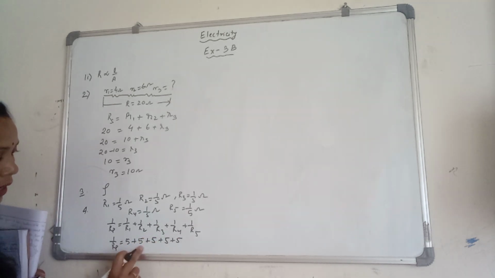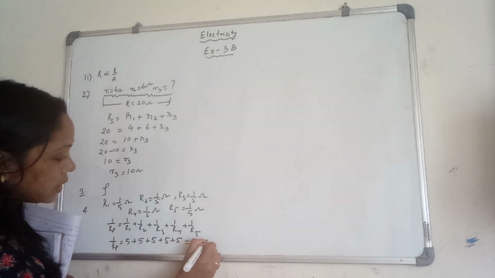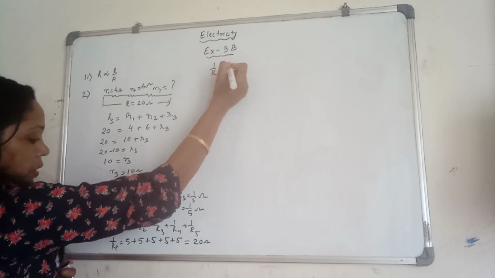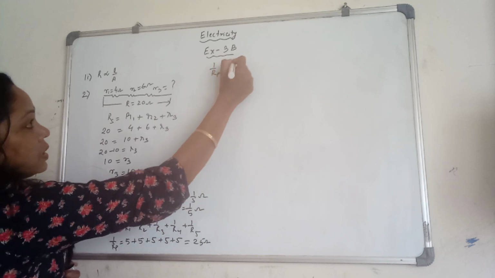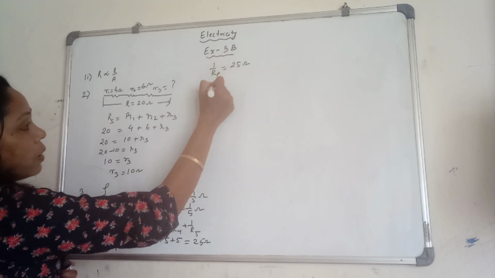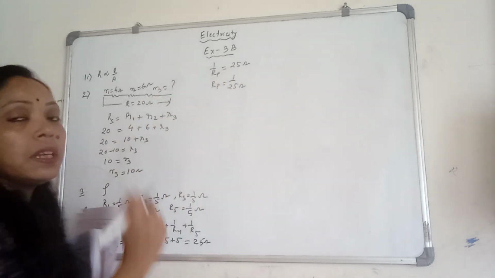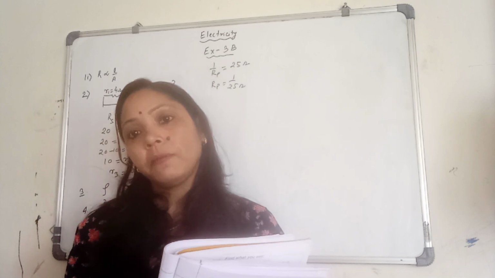So 5, 10, 15, 20, 25. So 1 by Rp is equal to, sorry, this is 25 ohm. So Rp is equal to 1 by 25 ohm. So minimum resistance is 1 by 25.